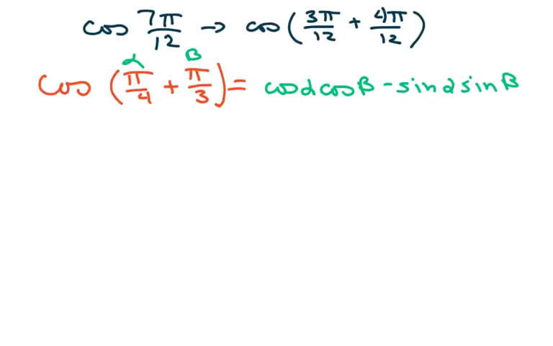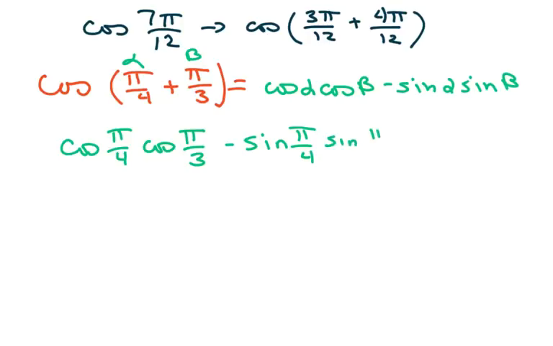So we get cosine of pi over 4, cosine of pi over 3, minus sine of pi over 4, sine of pi over 3. Okay, so cosine of pi over 4 is square root of 2 over 2.